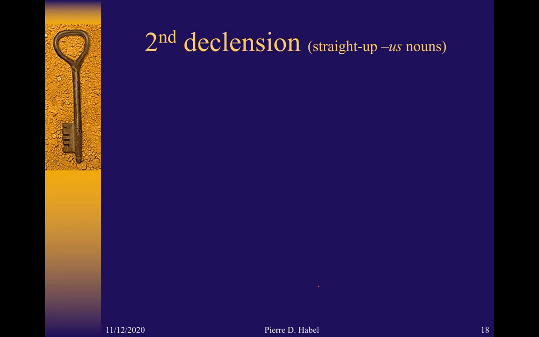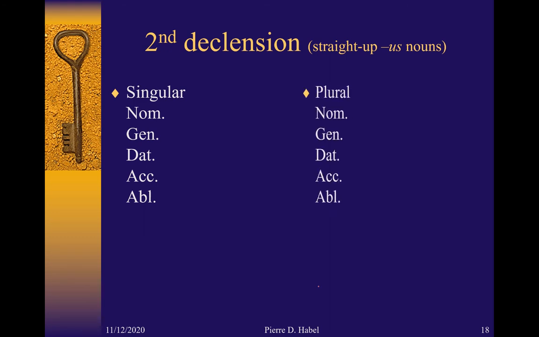I'm hoping that you'll recall that we practiced with those nouns in the textbook and in class and in last week's recorded lecture. Those are all straight up US second declension nouns.